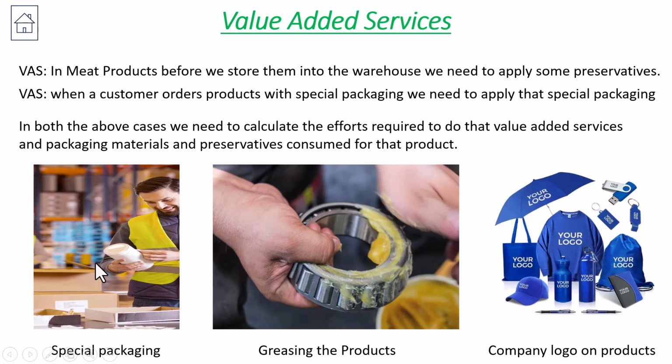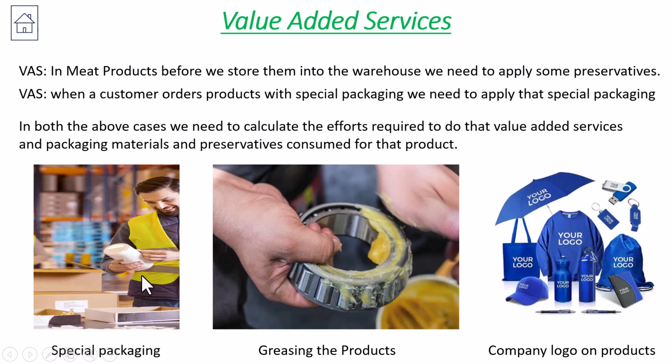It's like adding special packaging, like greasing these kinds of products to increase their lifetime, adding the preservatives to the meat products, and printing the custom logos for the products. So this kind of special activity which incurs some cost can be dealt with using value added services in the warehouses.